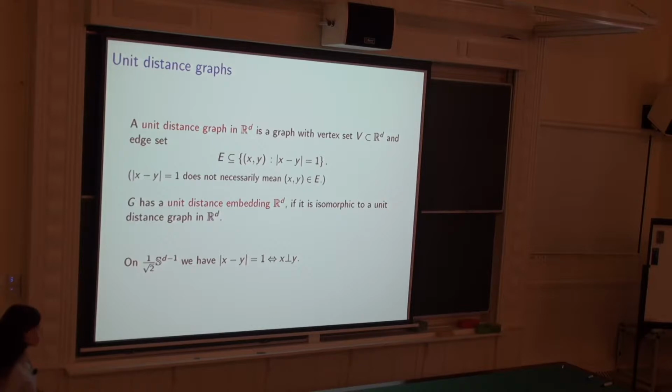Also, if we restrict the set of points on the sphere, on some sphere of radius 1 over square root 2, then instead of distance 1, we can think of orthogonality. So then 2 points are distance 1 apart from each other if and only if the corresponding vectors are orthogonal.